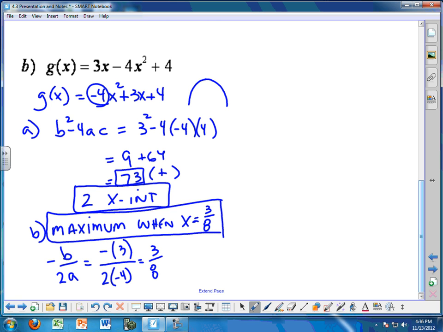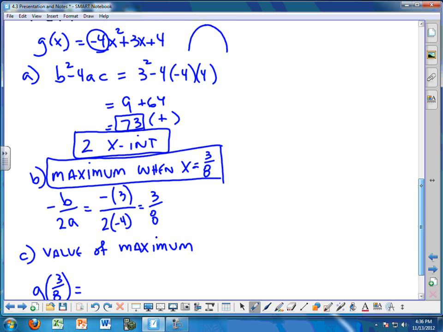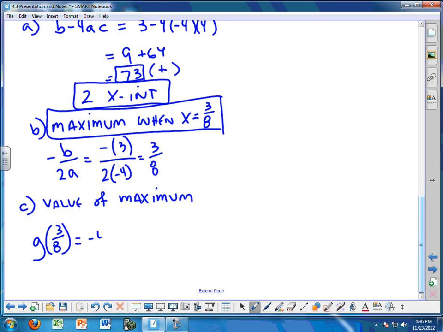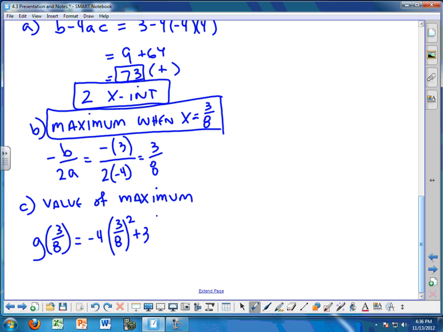And then the last thing we have to do is calculate the value of the maximum. Remember, the value of the maximum is the y value. So we're actually going to calculate g of 3/8. I believe I had a little trick for that in class. When you plug that number in, negative 4 times 3/8 squared, plus 3 times 3/8 plus 4.